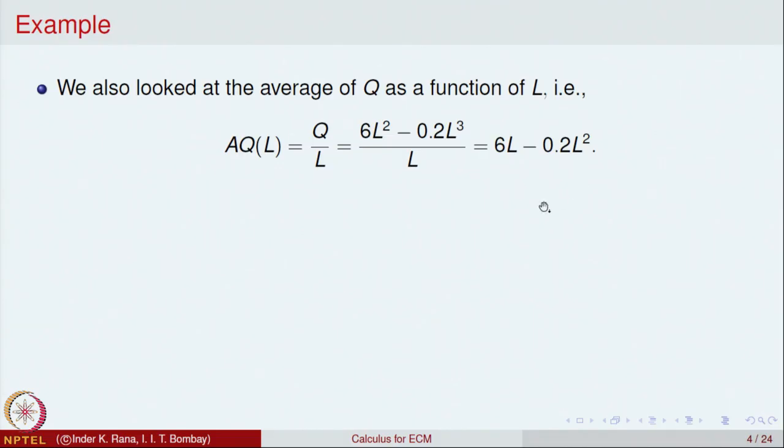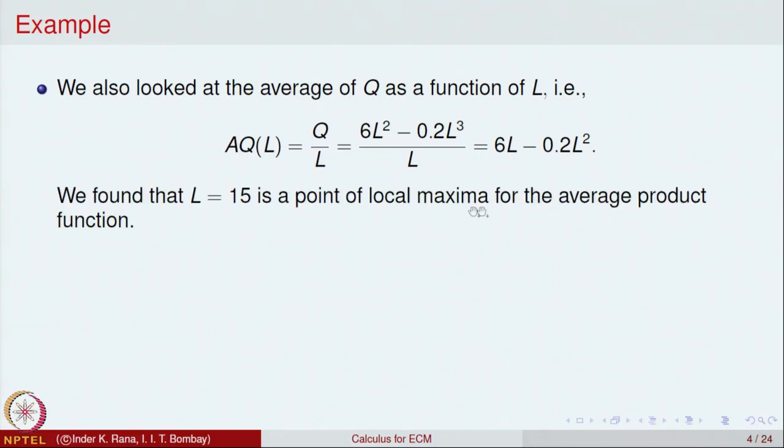So, this is an example of a quadratic function. When we maximize this by taking the derivative and putting it equal to 0, finding the critical points and analyzing them, we found that L equal to 15 is the point of local maxima for the average product function.